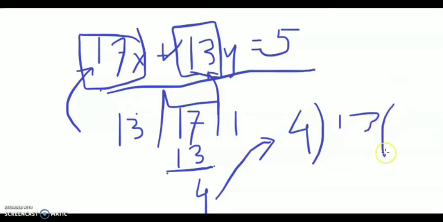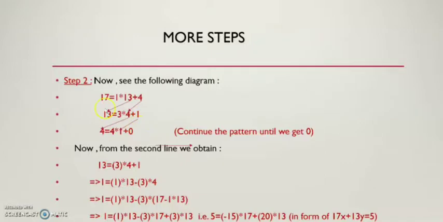After dividing it, we get 3 as a quotient and 1 as a remainder. We represent this division in this particular format: 13 equal to 3 into 4 plus 1.